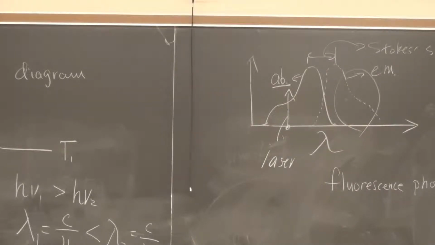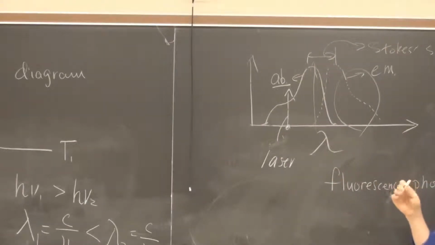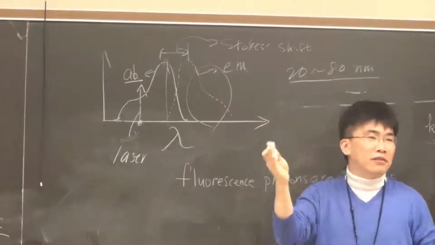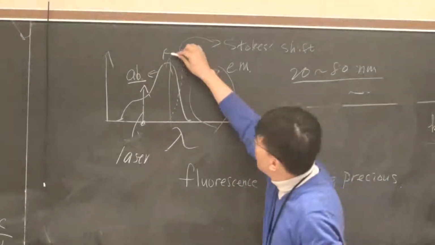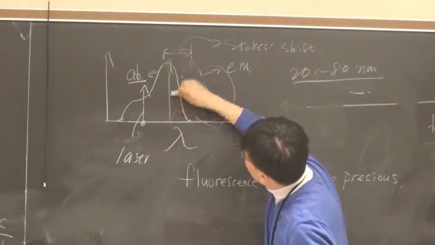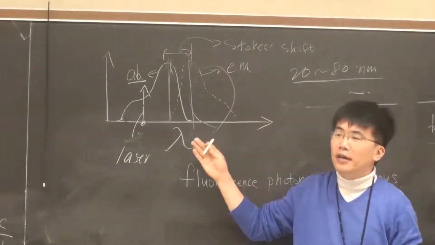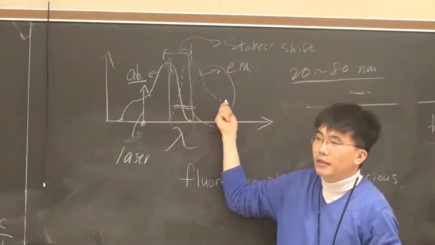Okay. Now imagine that you're trying to excite it right here. Okay. Then you need to use some kind of filter to reject this laser light. But there's no perfect filter that blocks only that wavelength. So you will actually lose some of this signal, because if you're trying to block here, then you lose some of this signal here.